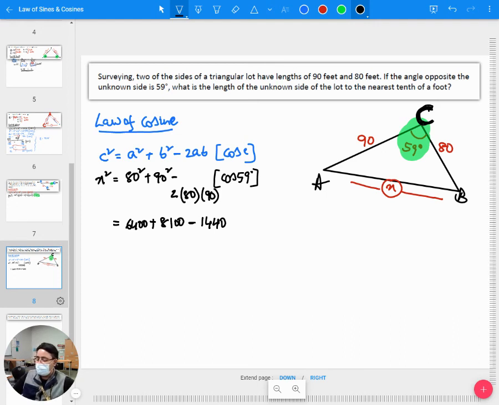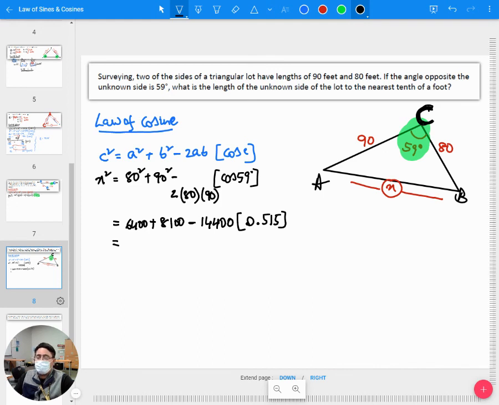My bad, it is 14,400, I forgot a 10. Cos 59 is giving me 0.515.